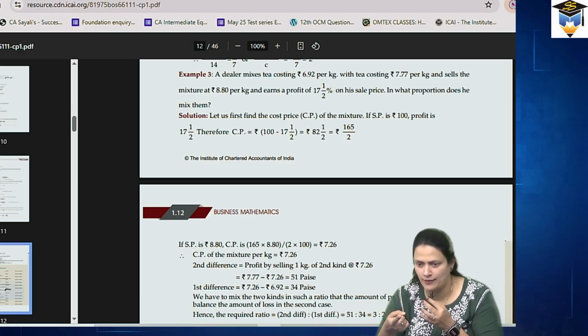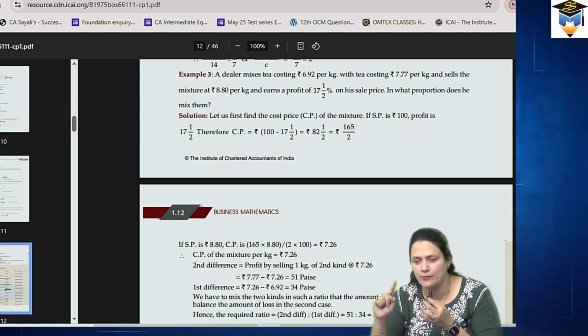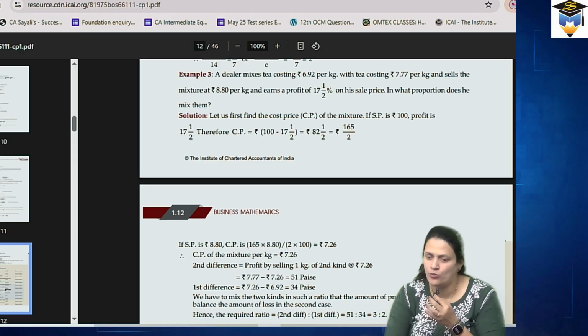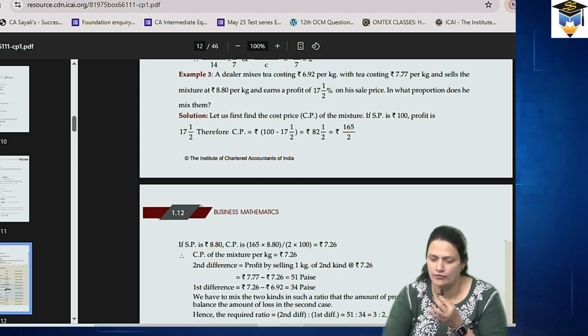So they have used the same technique. Therefore CP is equal to 100 minus 17 1 upon 2. So convert that mixed fraction into an improper fraction. How will you convert? 17 into 2 plus 1 upon 2, that is 34 plus 1 upon 2. Solve it. Find out what is 100 minus 17 integer.